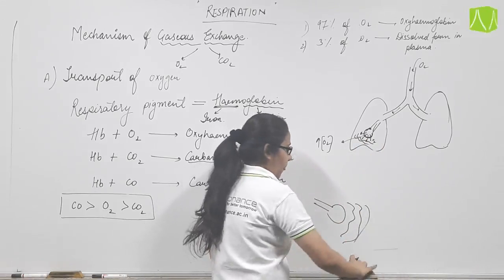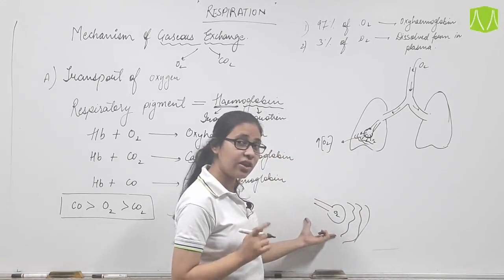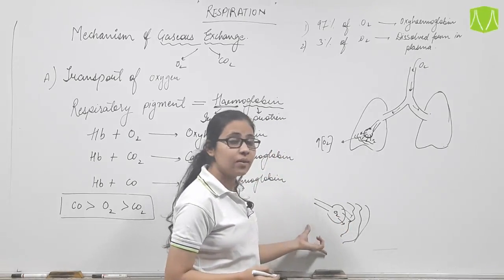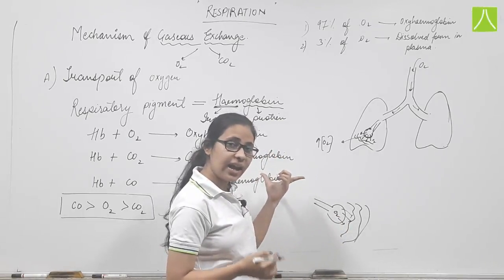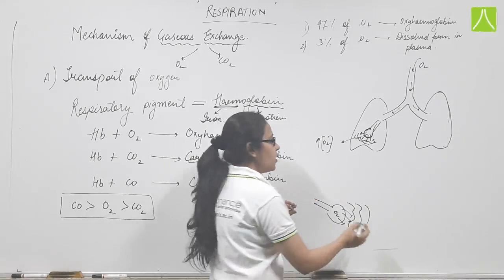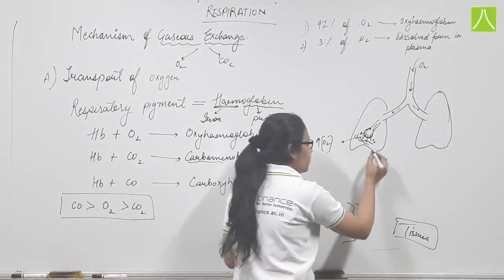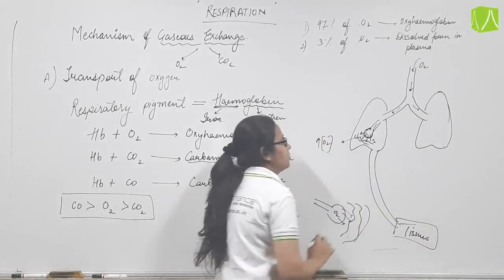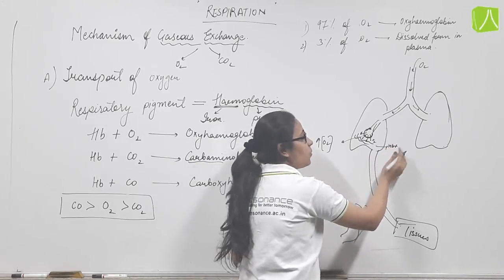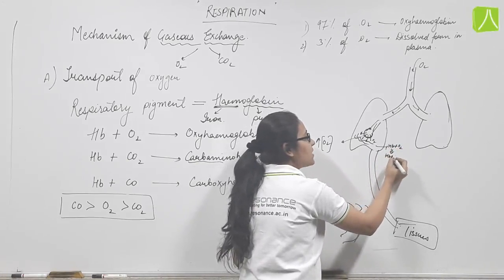Now we say oxygen is present in high concentration in the alveoli, then it diffuses out into the blood vessels, and in the blood vessels RBCs are there, and in the RBC the respiratory pigment called hemoglobin is there. This oxygen then binds with the hemoglobin to form the structure called HbO2, that is oxyhemoglobin.